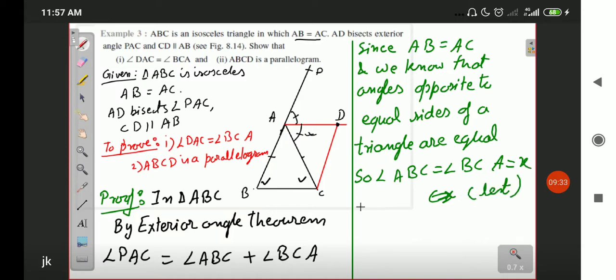In that manner, the value of angle PAC will become x plus x, that is 2x. Okay, no problems till now.